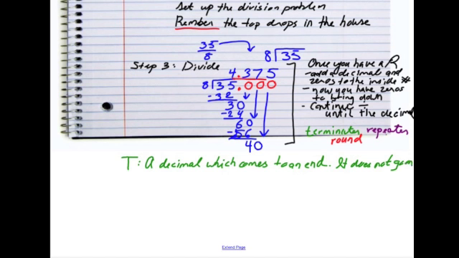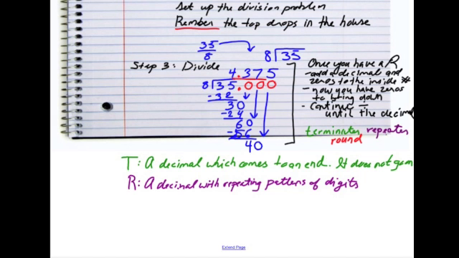A repeating decimal, however, will have repeating patterns of digits. And it will go on forever. The point at which you stop dividing is when you realize you have a repeating decimal.